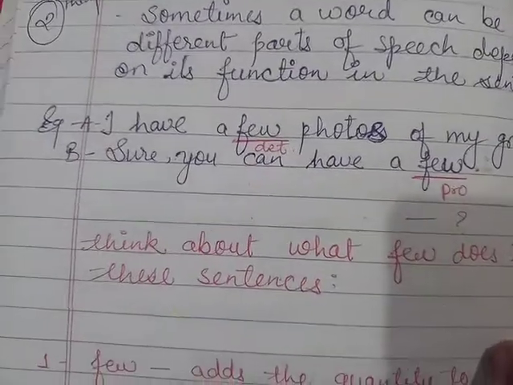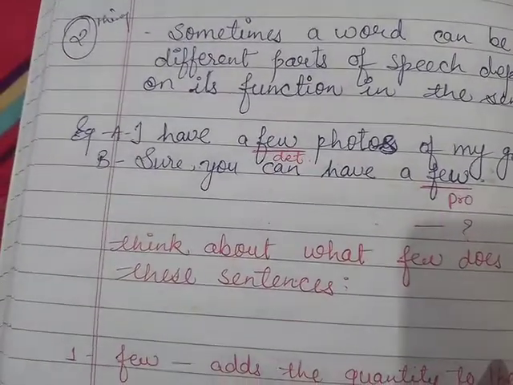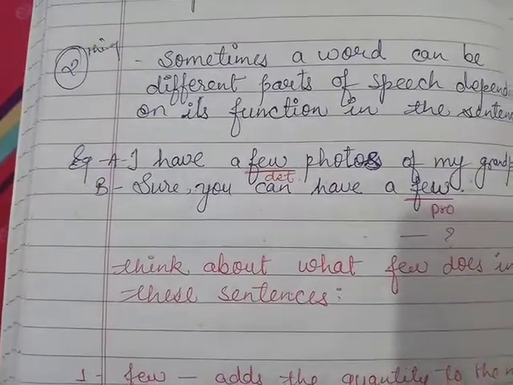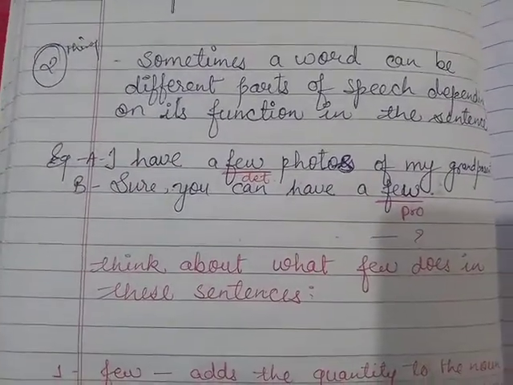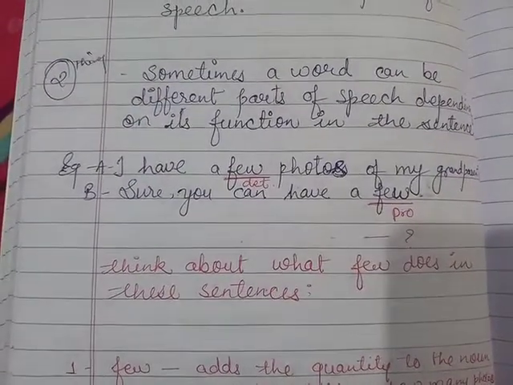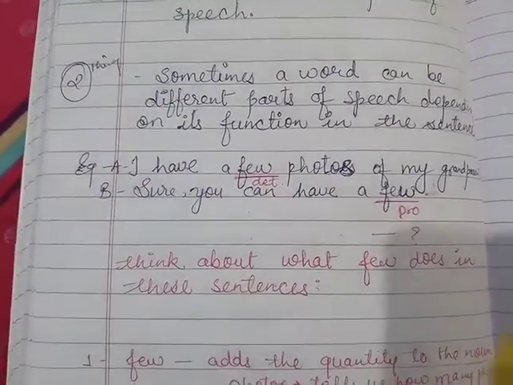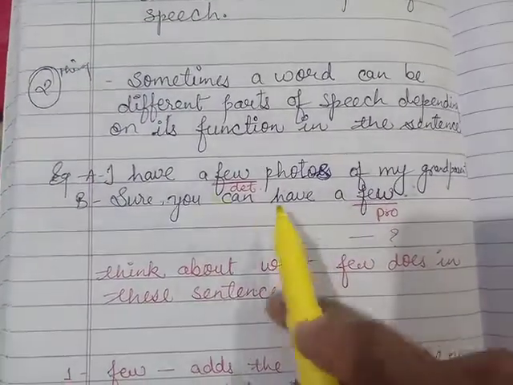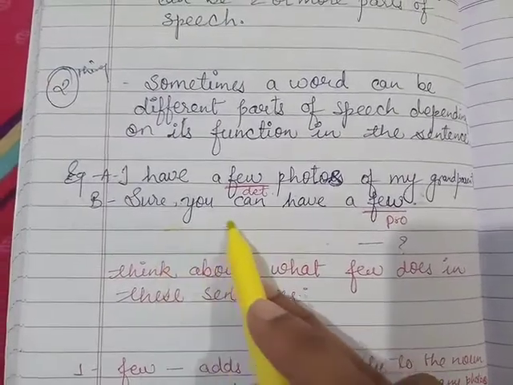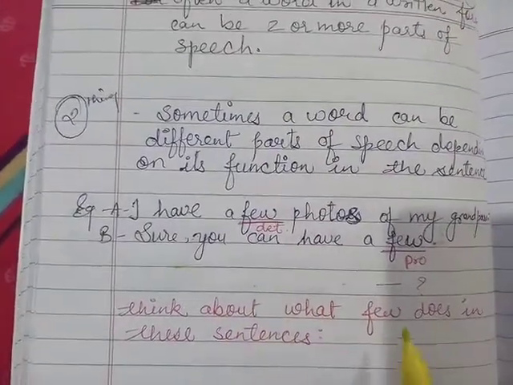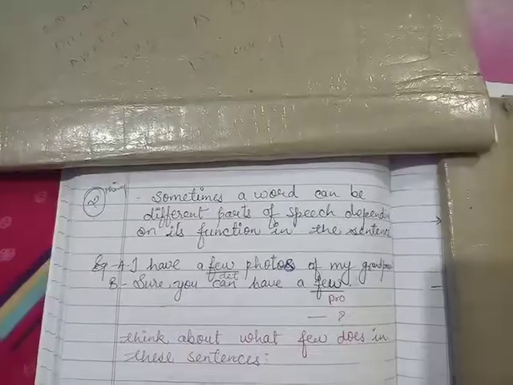Often a word in written form can be two or more parts of speech. The second point says sometimes a word can be different parts of speech depending on its function in the sentence. For example, A says, I have a few photos of my grandparents, and B says, sure, you can have a few. Now think about what few does in these sentences.